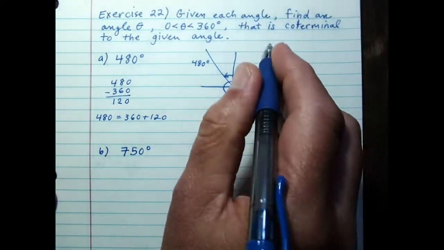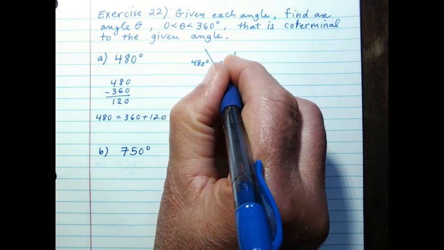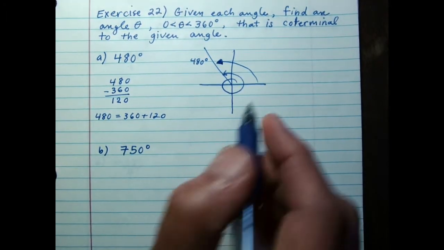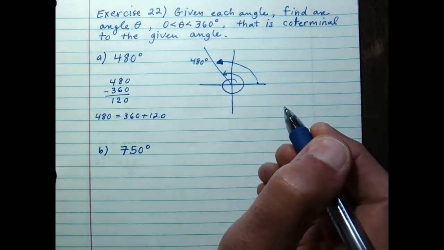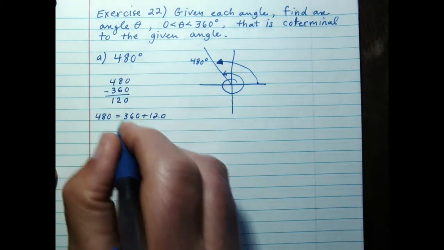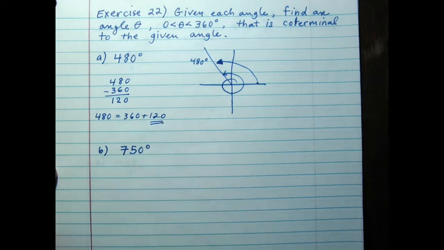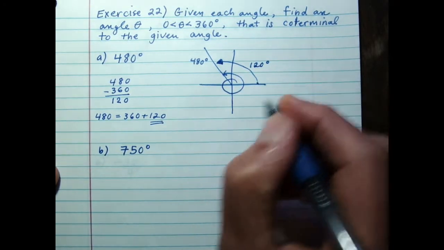If I were to just draw here, I could just draw the angle we want. It's that one, starting from the positive x, going in the positive direction to that terminal side. And I know what the answer is, because of the way we figured out how to draw 480, we know we're 120 degrees beyond 360, so we know this angle has to be 120 degrees.